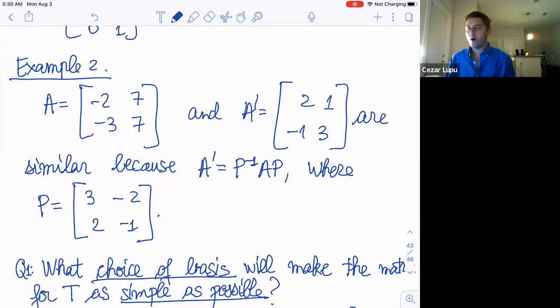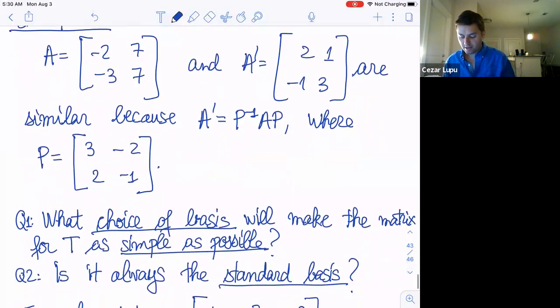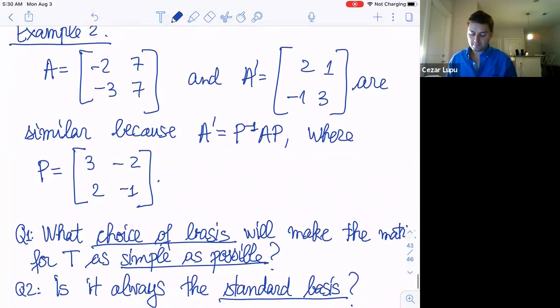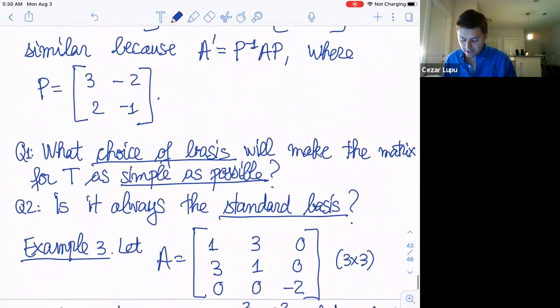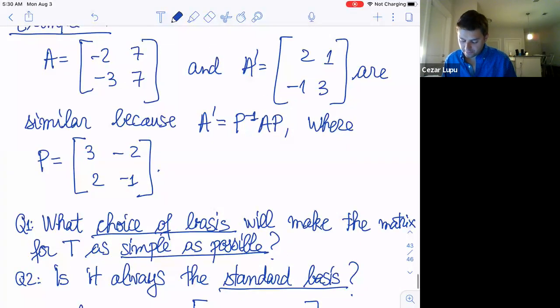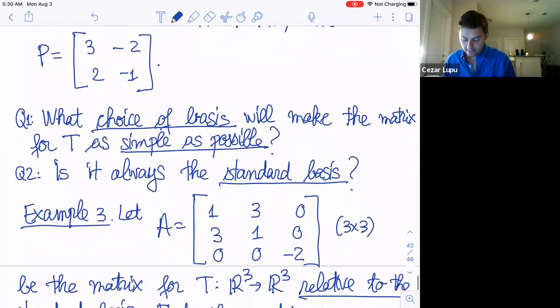How simple can that matrix look? And now question two: is it always going to be the standard basis? Do I need to choose the standard basis always? Well, the answer, not quite like that.